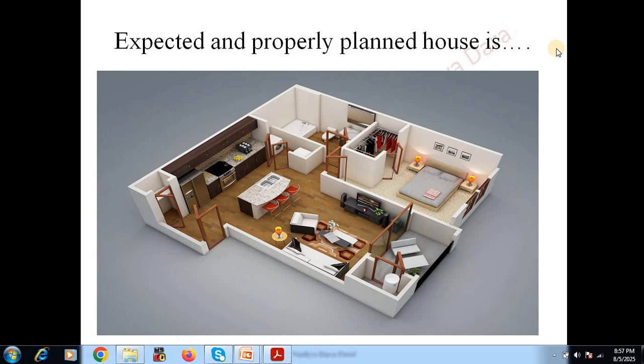We have seen an overview of how the case study might develop, and we are just breaking that case study in the form of phases. So we have already seen the first phase. In today's lecture, we are going to go through the second phase of SDLC, which is system analysis, and we are about to construct a house for a family.